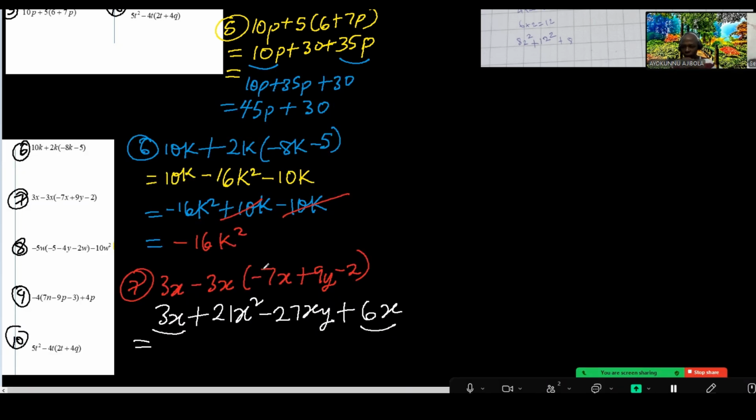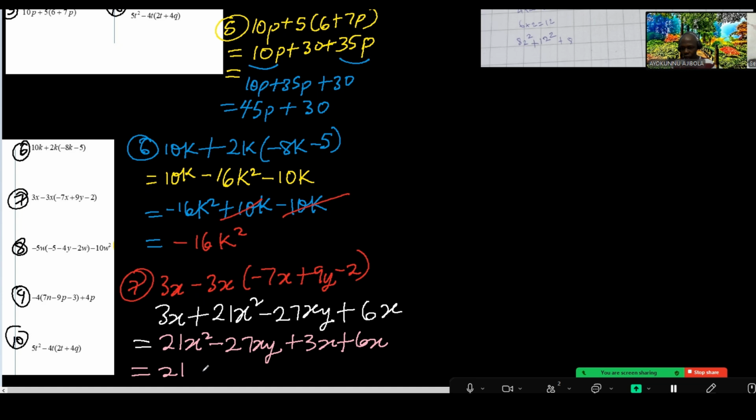Okay. So what we need to do here is bring the like terms up, arrange them in order. So 21x squared, then minus 27xy, then plus 3x, then plus 6x.